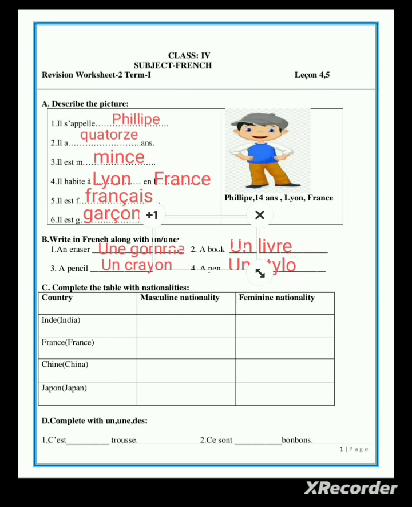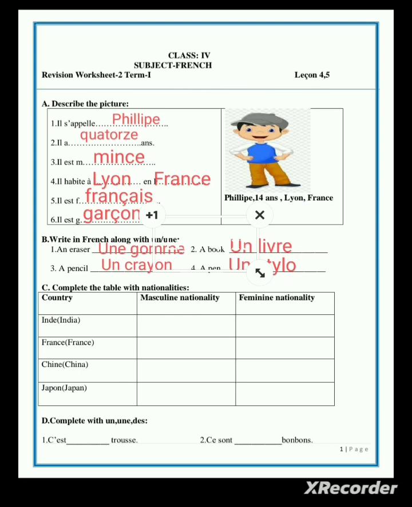Inde means India. Now, the people who live in India, their nationality is Indian. So, how we say Indian in French language? Now, in English, suppose there is a boy who lives in India, he will say, I am Indian. And a girl who lives in India, she will also say, I am Indian. But in French language, a girl and a boy will say a different word for the Indian.